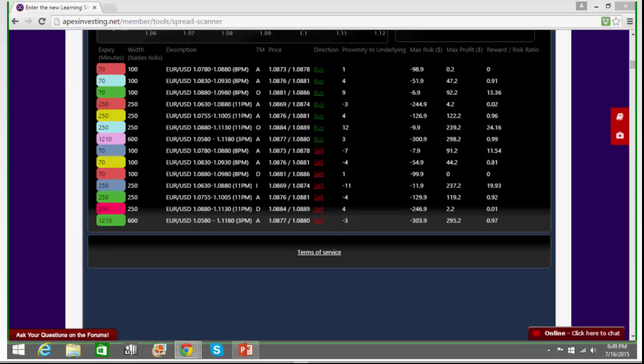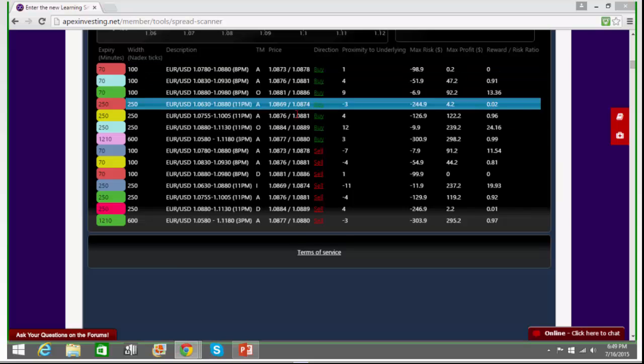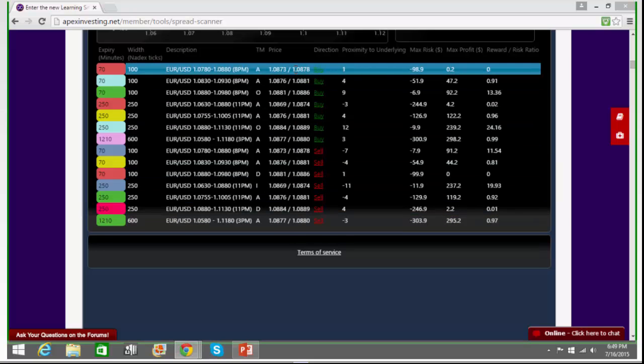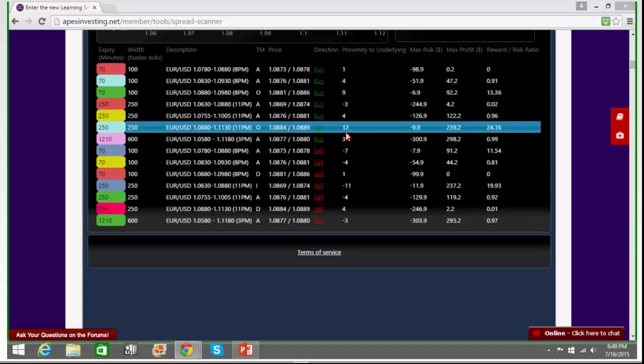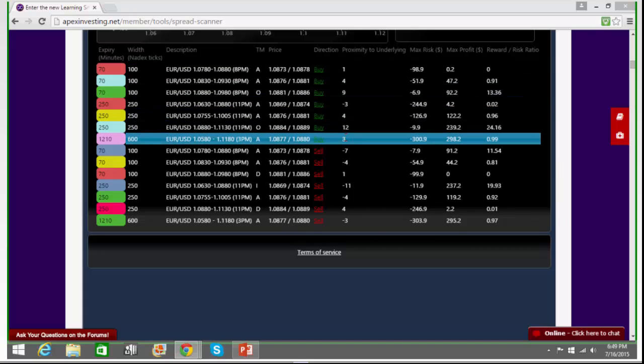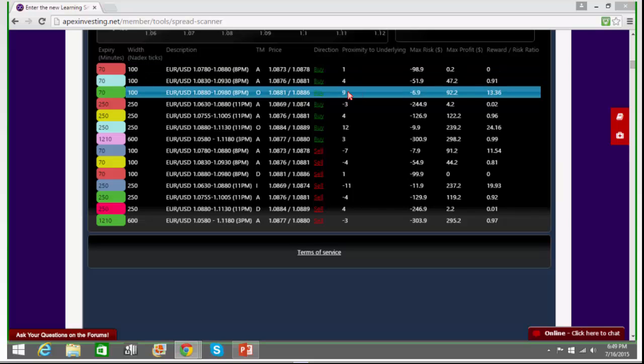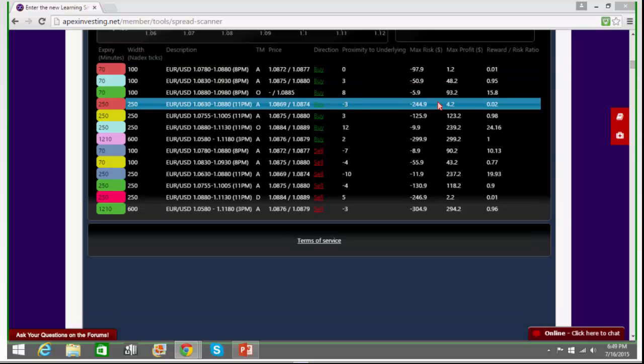Or you just pull up the scanner and it's all right there in front of you. Every spread that you can buy. Okay, I want to go long. Here's all the spreads I can buy. Proximity, what does that mean? It's premium. How far away is it from the market? That's 1 tick away. That's 4 ticks. That's 3 ticks. Here's my max risk.